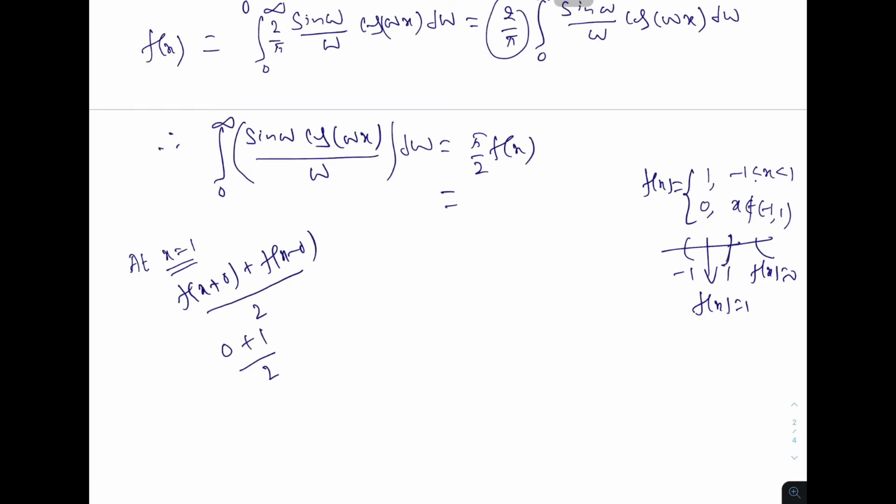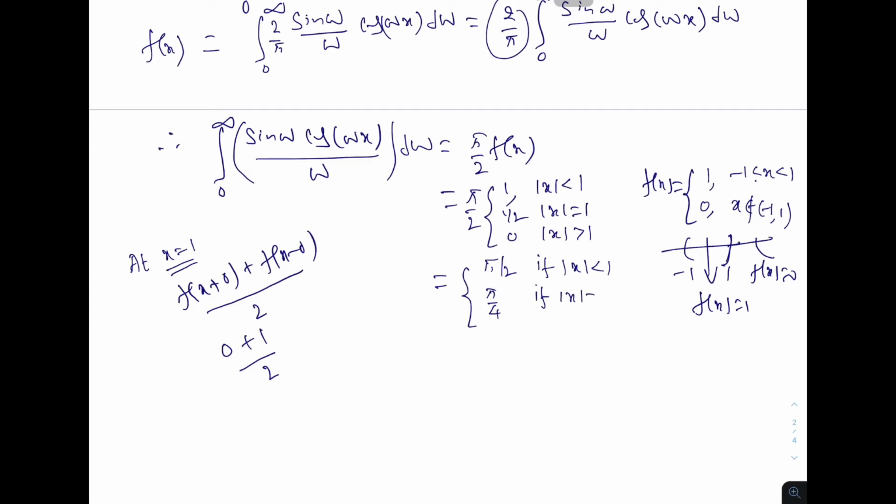So our integral is pi by 2 when modulus x is less than 1, then pi by 4 if modulus x is equal to 1, and 0 if modulus x is greater than 1.